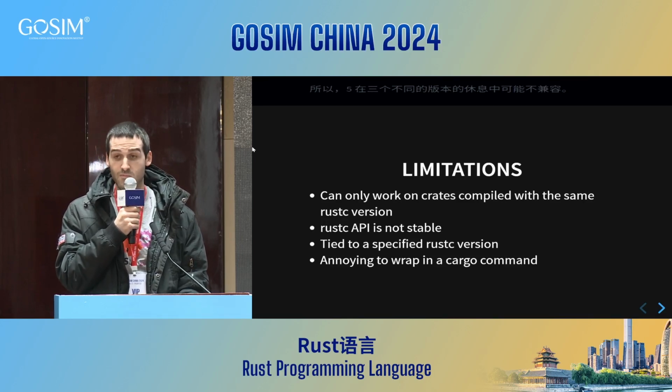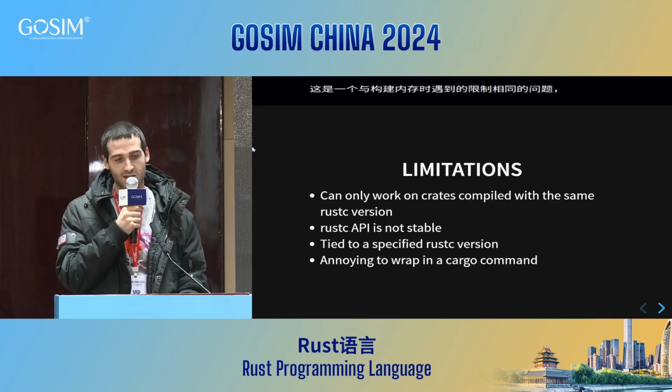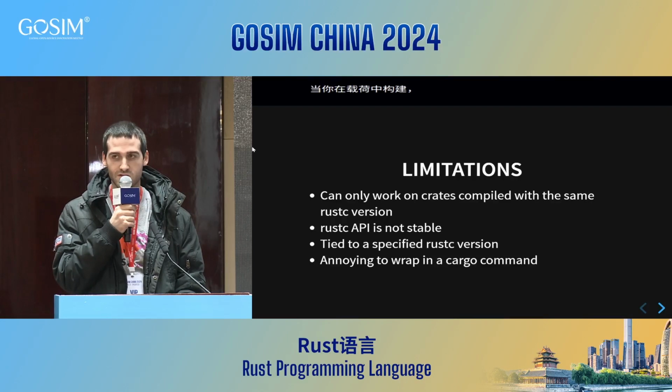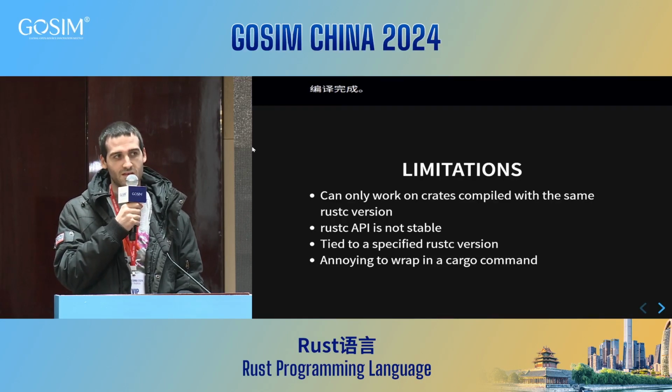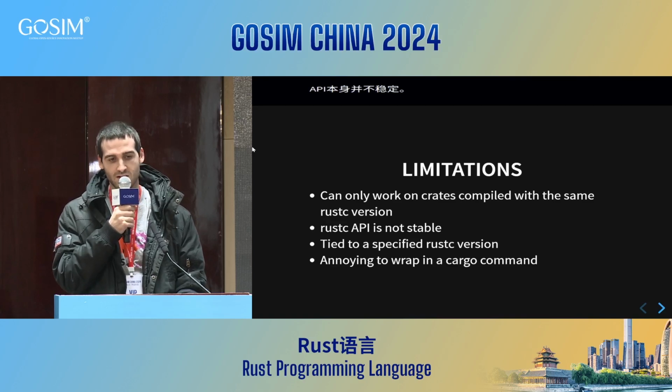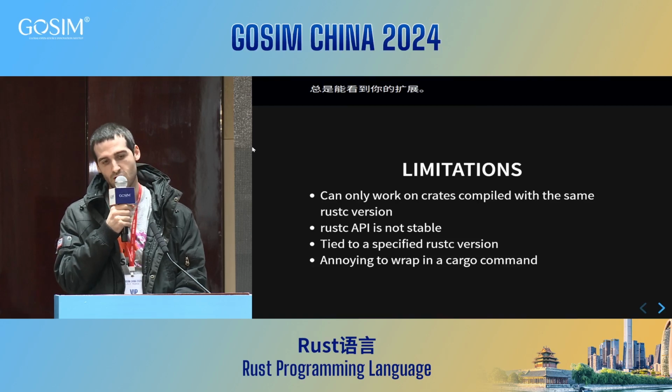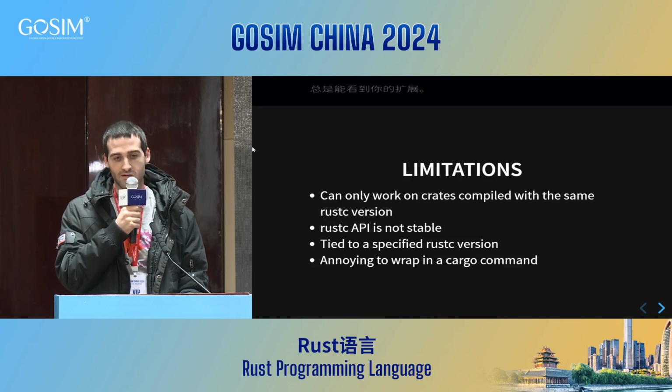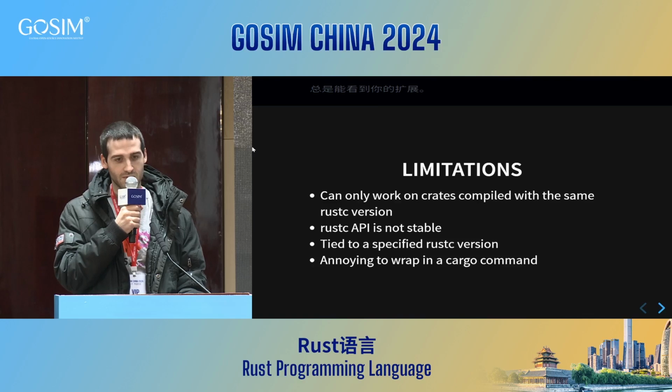The Rust API itself is not stable. So remember I said that a linter is a rustc extension. So in this case, we are very strongly tied with rustc, meaning that any changes in rustc need to be done elsewhere in our linter. And that's why this is a big limitation.